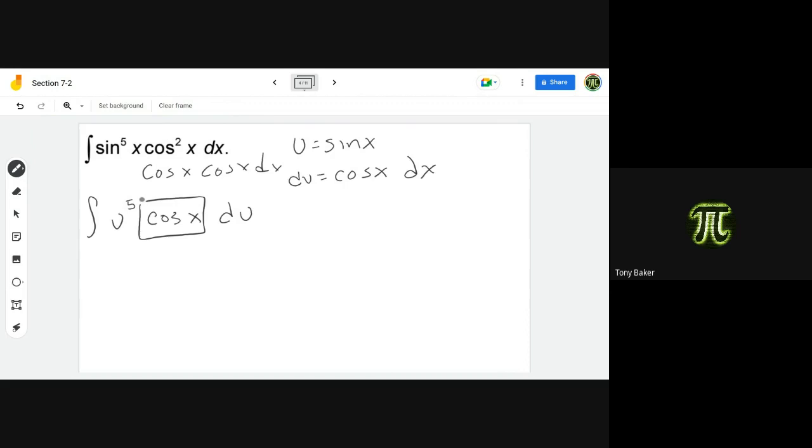So that piece right there is kind of screwing me up. So u being sine doesn't really help us here. So let's try the other one.